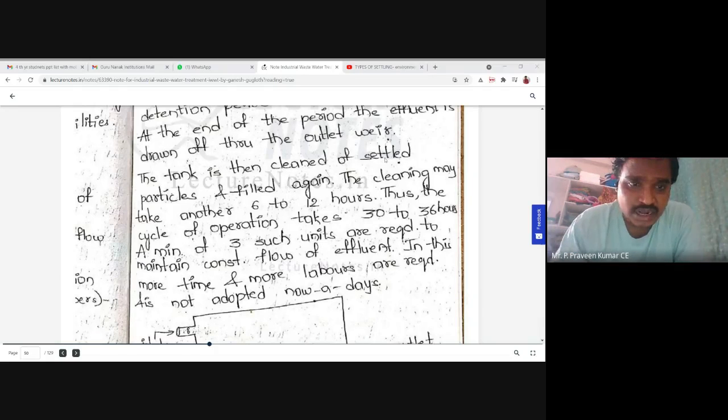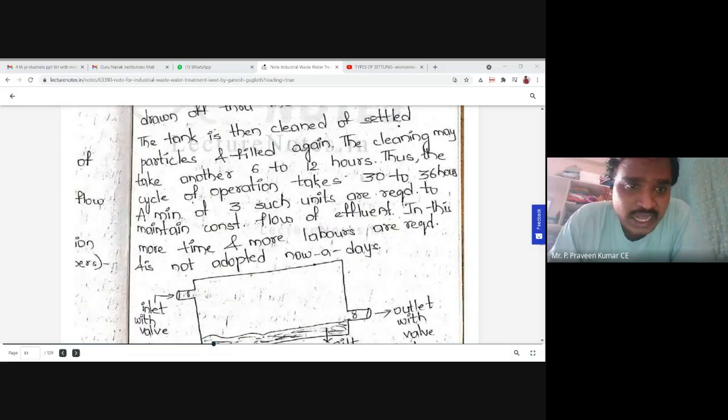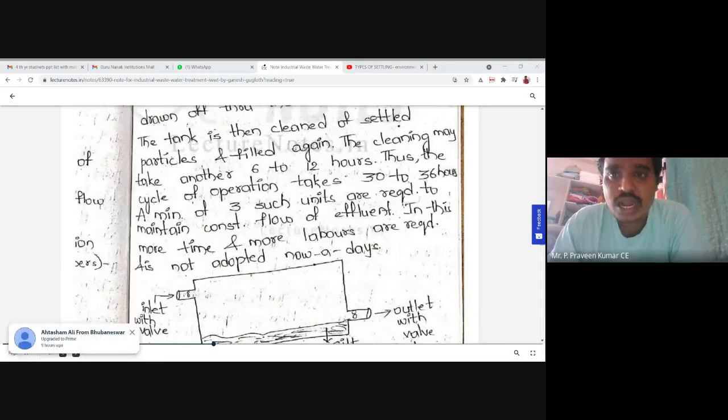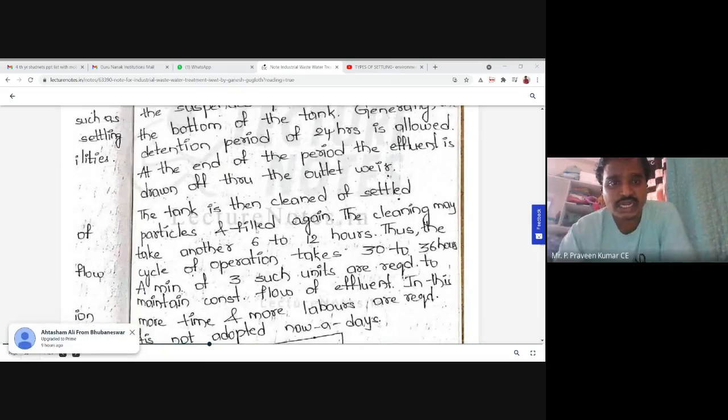The tank is then cleaned of settled particles and filled again. Whatever particles are settled will be cleaned, and the process is done again for the new water that comes in. The cleaning may take another 6 to 12 hours, to remove the sludge particles settled at the bottom of the tank.